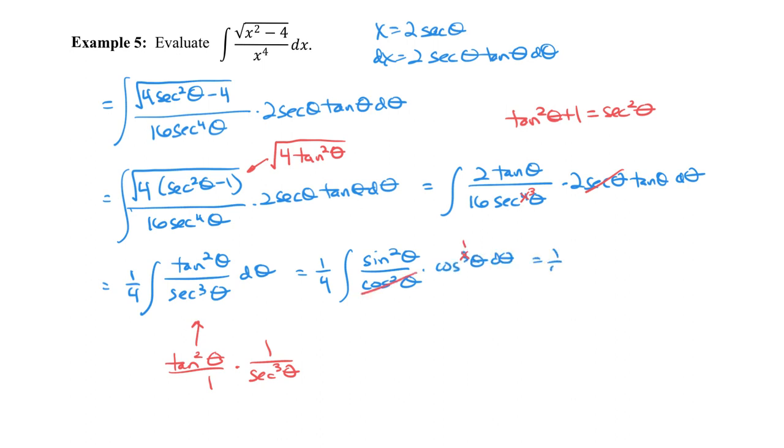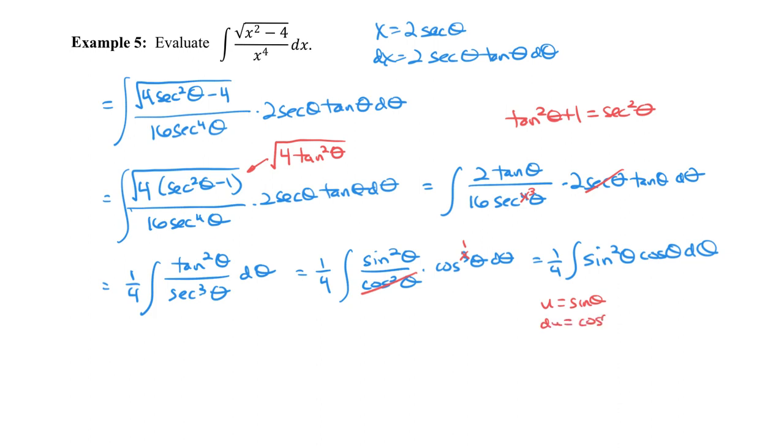So this gives us 1/4 sine squared theta cosine theta d theta. Okay, that's one that we could have seen back when we were doing u substitution, right? Once we get here, isn't this just a u substitution problem? I'm going to let u be sine theta, and then du is cosine theta d theta. So there's the du right there.